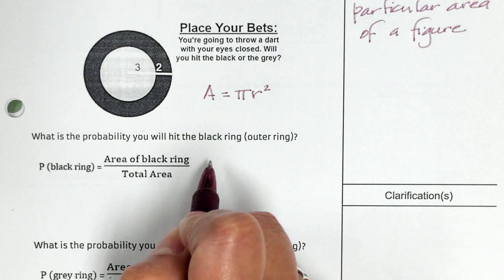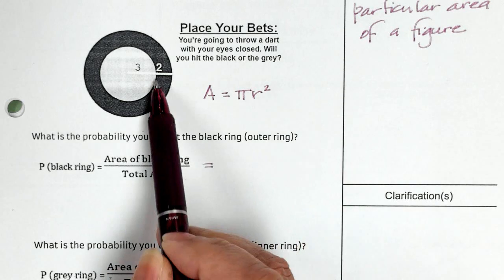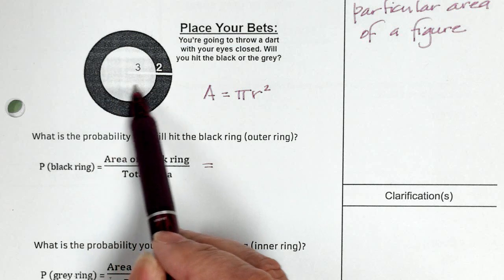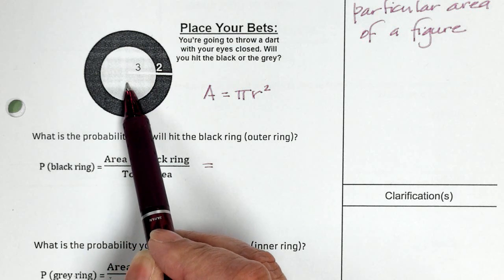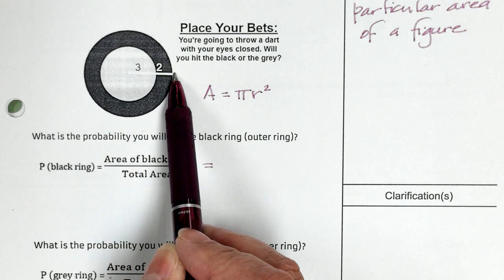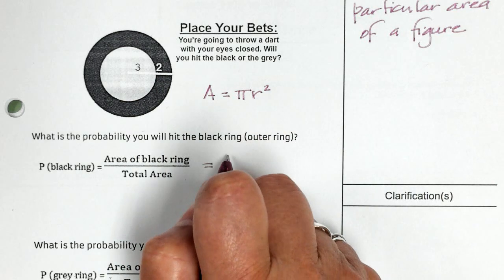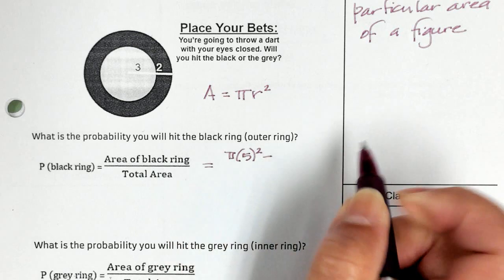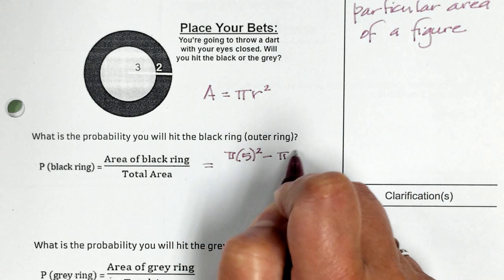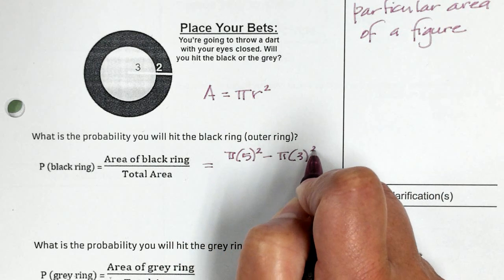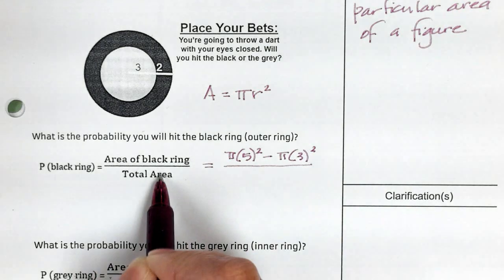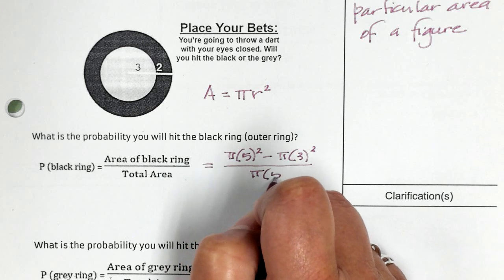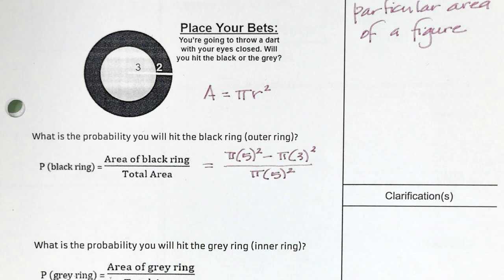For the area of the ring, we're going to take the area of the largest circle and then subtract the area of the inner circle. The radius of the outer circle is 5. So we have pi times 5 squared minus the inner circle, which has a radius of 3, squared, and then the total area again has a radius of 5, pi times 5 squared.